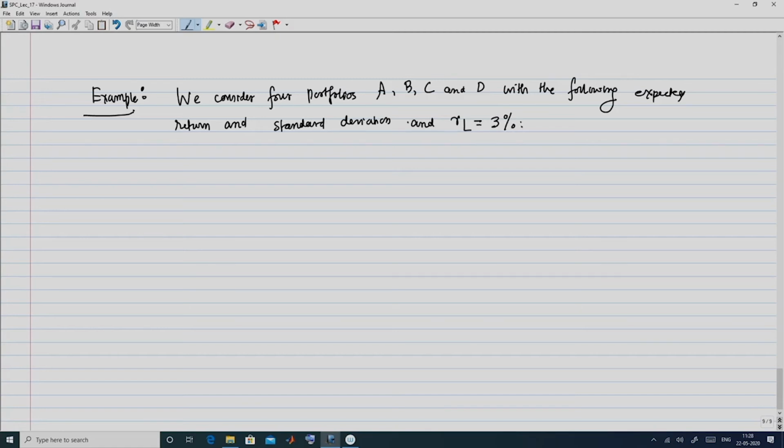So, that means that you want to choose a portfolio which gives at least a 3% return. So, let us have these portfolios A, B, C and D.